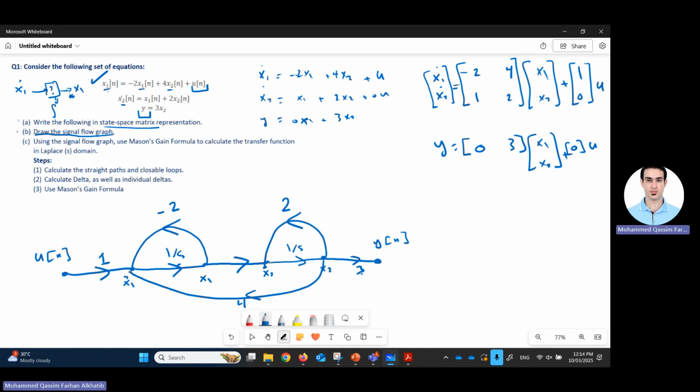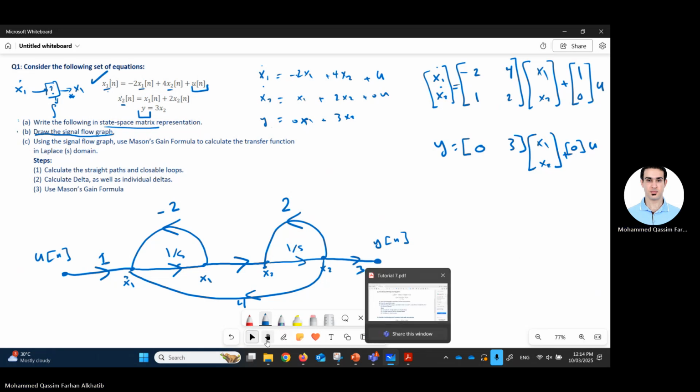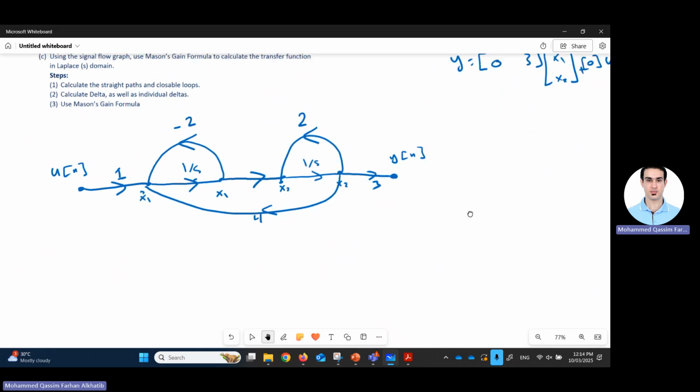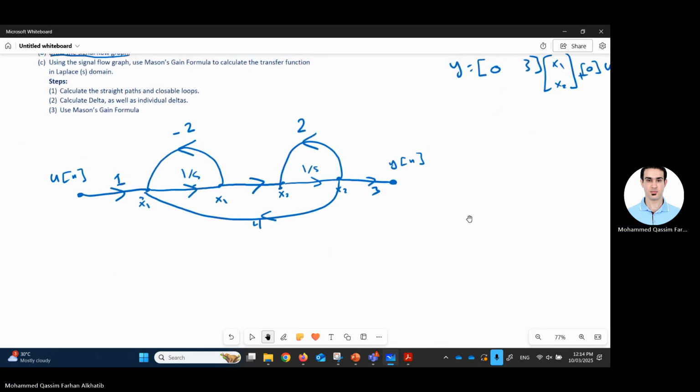Now, using this signal flow graph, find the Mason's gain formula to calculate the transfer function in the Laplace domain. How many forward paths are there? Just one. So in this case, T will be P1 delta 1 over delta.